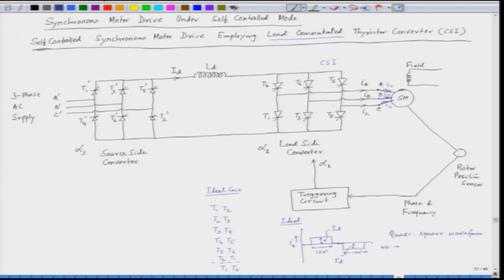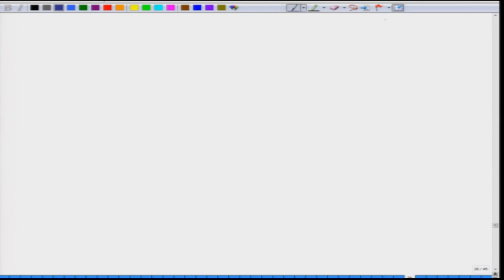Now, the phases have inductance. When the phases have inductance, the current change will not be so sharp. In fact, the practical current change will not be like this. If we see the practical change of the current, it will be different from what we just saw, which is the ideal nature.